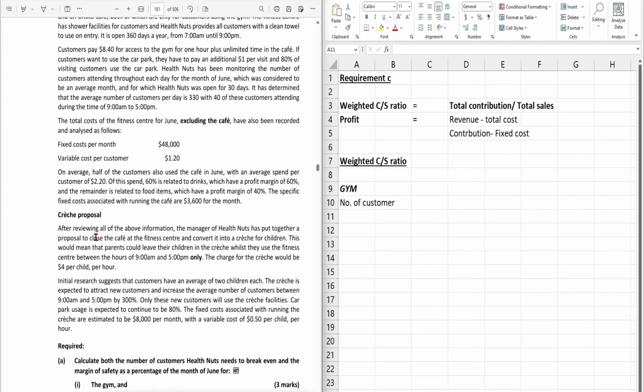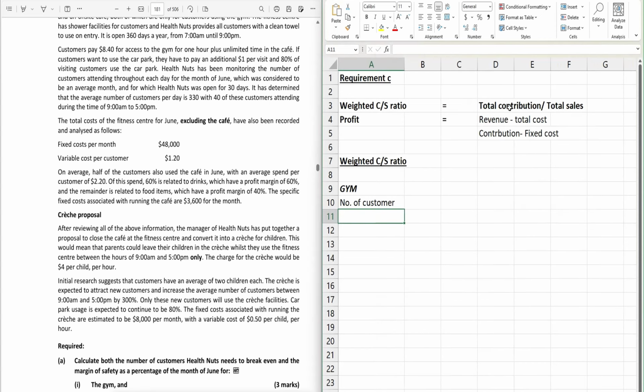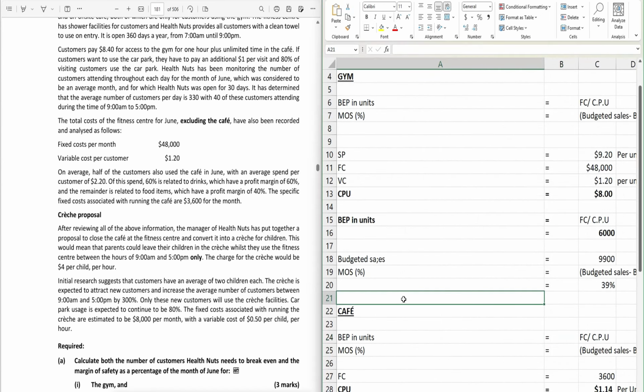Okay, so we have gone through the crèche proposal. For the gym, first of all, we need to calculate the contribution as well as sales of the gym, and similarly for the crèche. Let's first calculate for the gym. What is the number of customers for the gym? Yesterday we calculated it, so let's go through that.